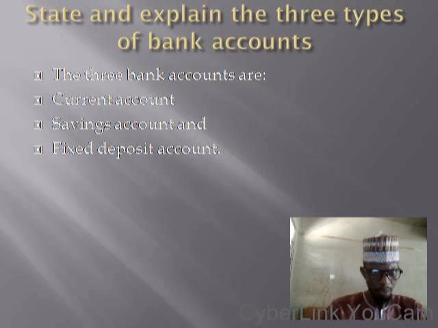Number 1, the current account. Basically, you know that a current account is majorly for businessmen. They use it to do their day-to-day business transactions in the financial market, and that is majorly the reason for having a current account.